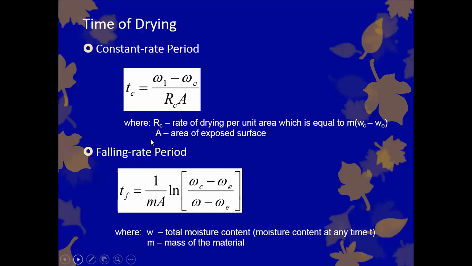Now, I have mentioned that it's comparable to an equation of a line. So for the constant rate period time, you have the formula omega 1 minus omega c over RC times A, or the product of RC and A. These omegas are actually the W's that I have written in the previous slide.